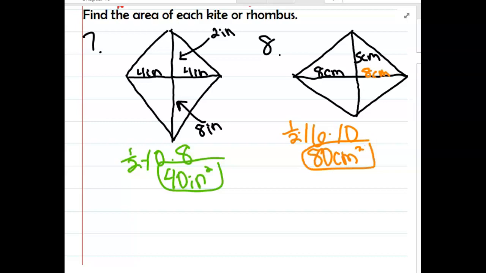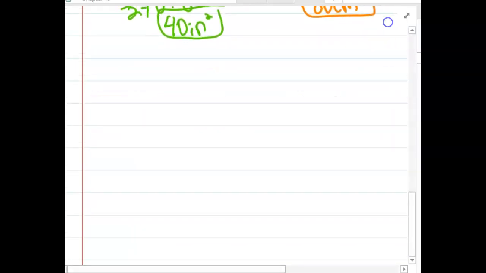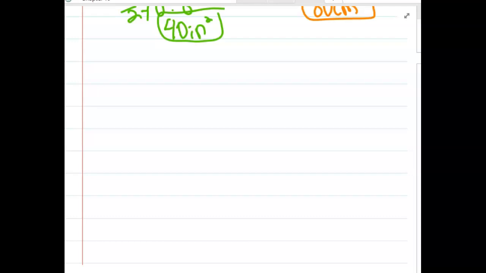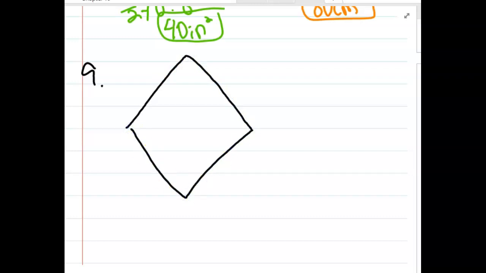Okay, last one. You're going to have one super similar to this in your homework. So we're going to go back to looking at a rhombus. For this rhombus, I'm just going to give you one diagonal. We're going to say that this diagonal is 16 meters.